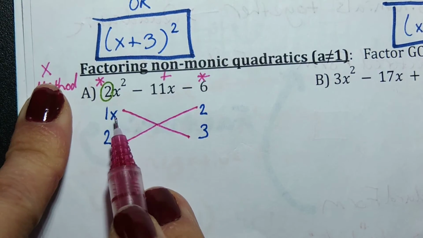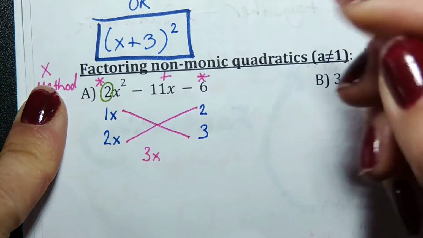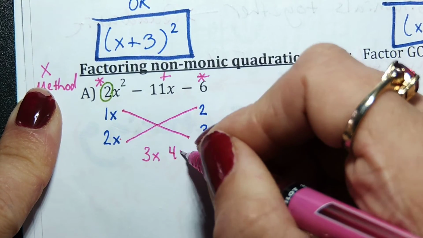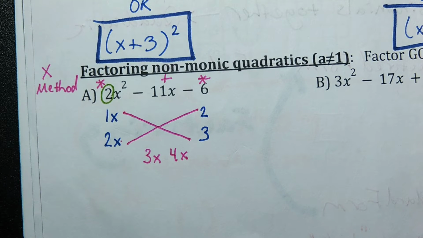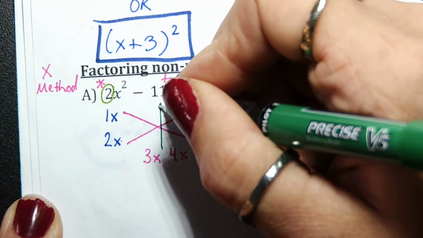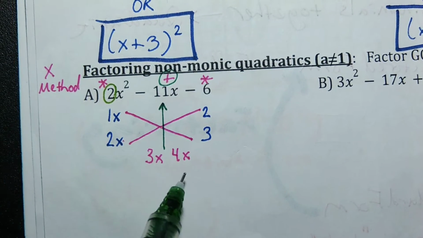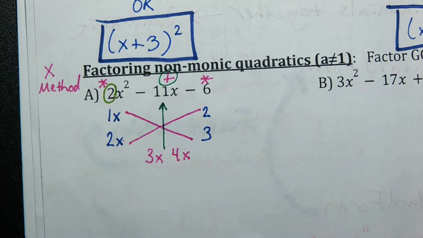So I'm going to take 1x times 3 to give me 3x, and 2x times 2 to give me 4x. And what we want to see with these terms that we just got is it possible for a combo of these, either negative and positive, to add up to give me -11?